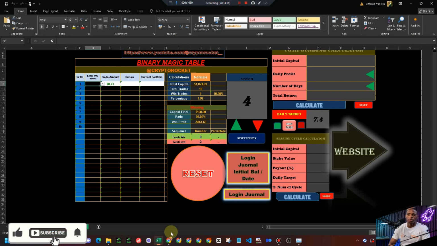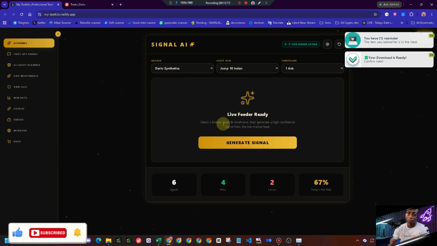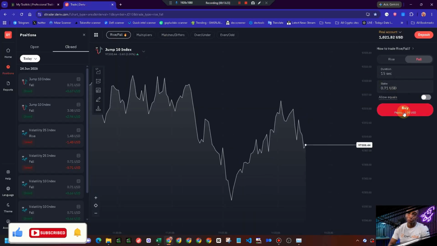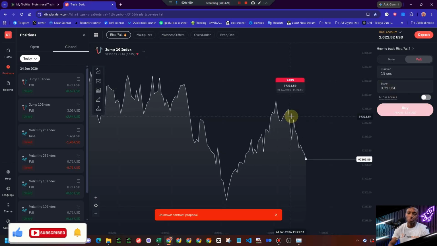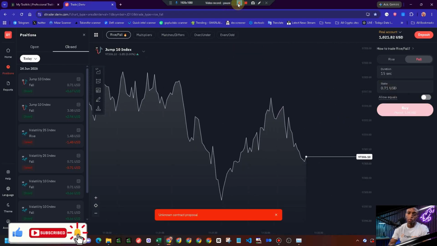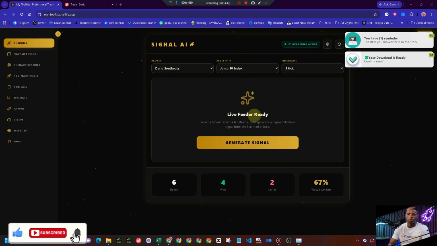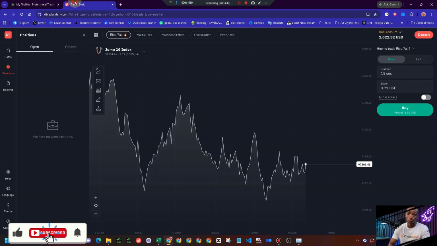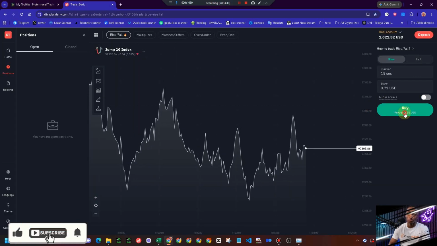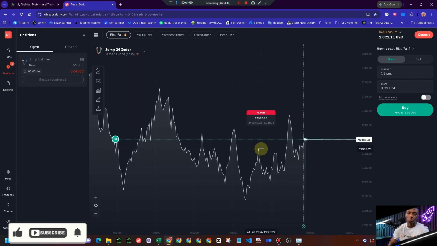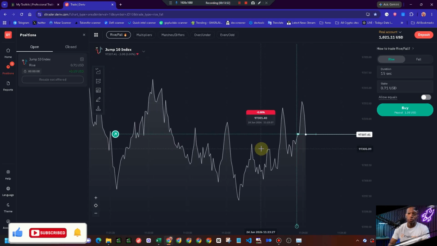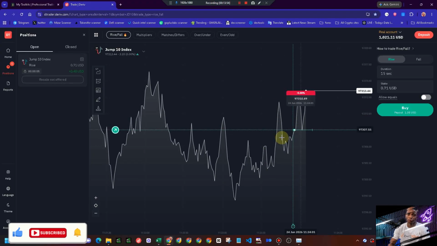So we generate another signal, down, so we still enter down. Okay, there is network issue. Let me refresh my system. So I'll generate another one. Okay, now it's up, so we buy. We buy this one and see what it's going to give us.